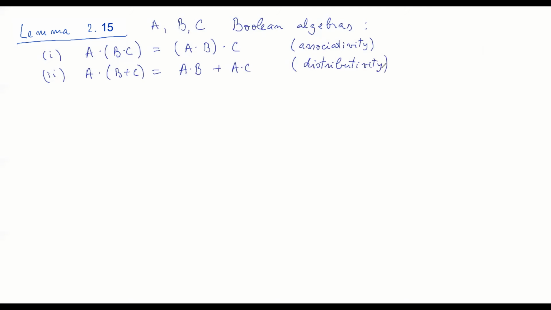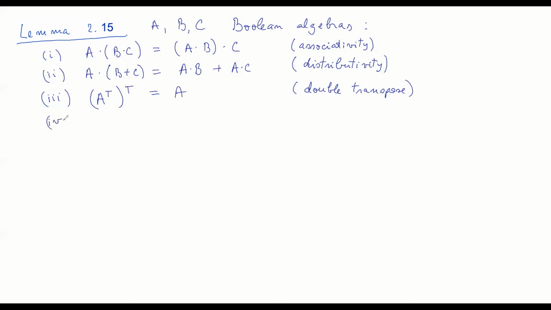Then we have property 3, which says if you apply transpose twice, you go back to your original matrix. So double transpose is the same as the identity mapping.